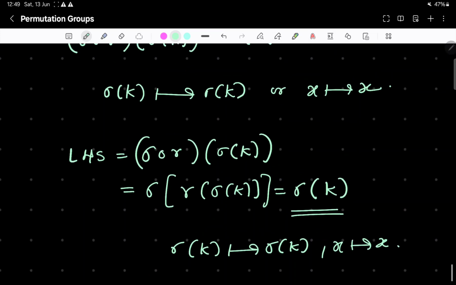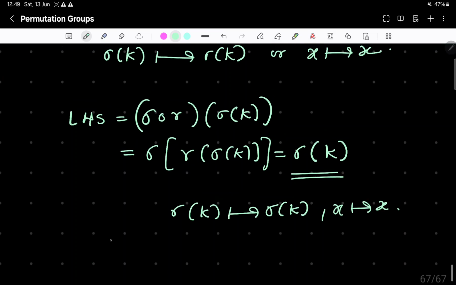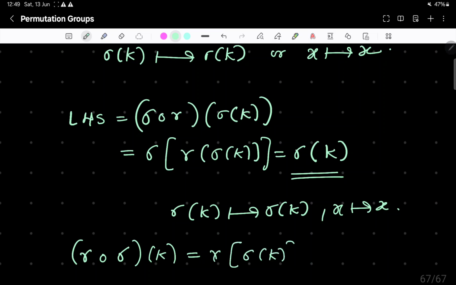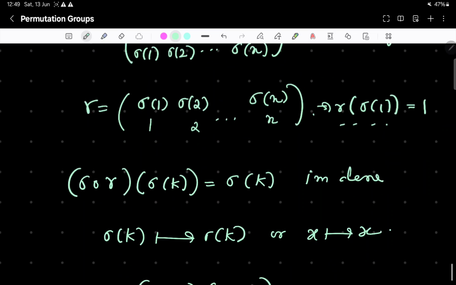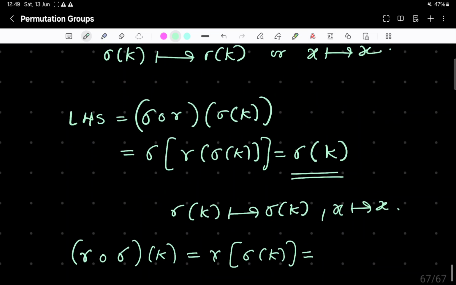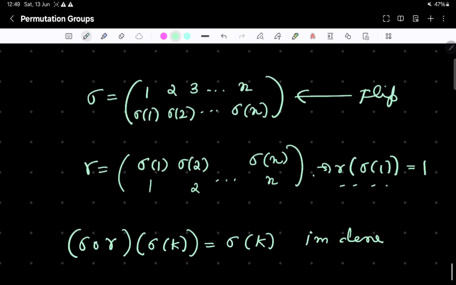Now the same for gamma∘sigma: we take gamma of sigma of k, and you already found that gamma(sigma(k)) is equal to k.